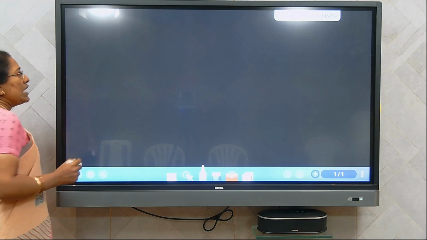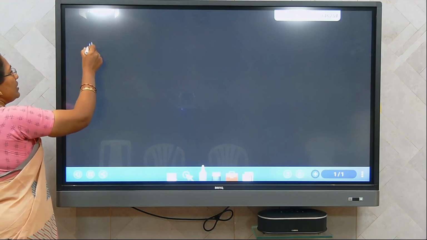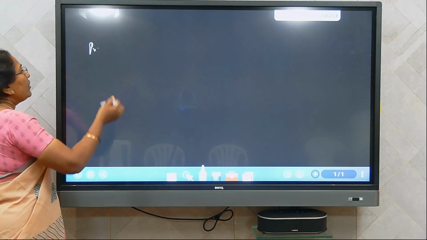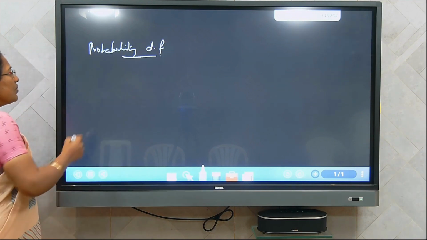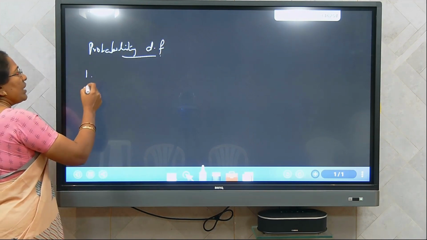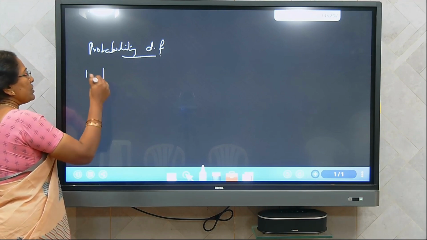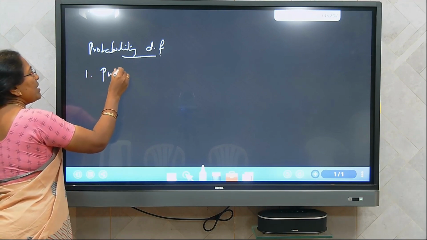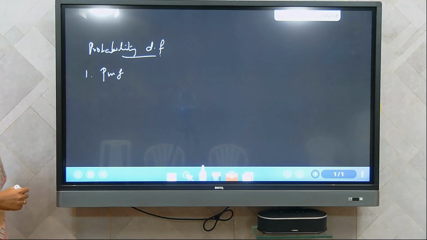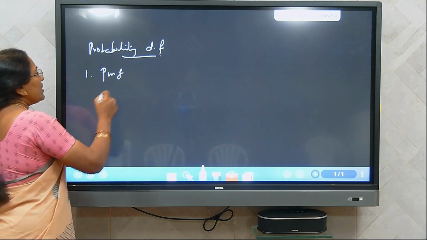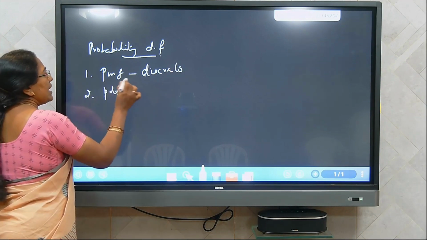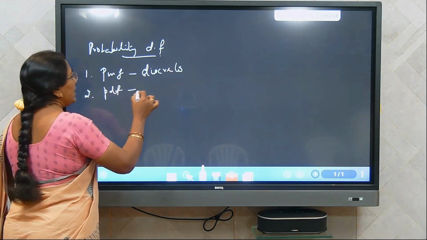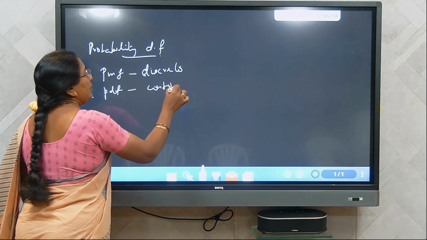Next, we can classify the probability distribution functions according to discrete or continuous type. So in the discrete case, we call it the probability mass function, or simply PMF, of a random variable. And in the continuous case, we call it the probability density function, PDF.